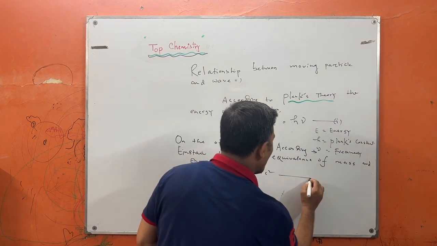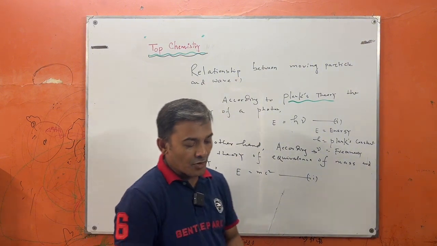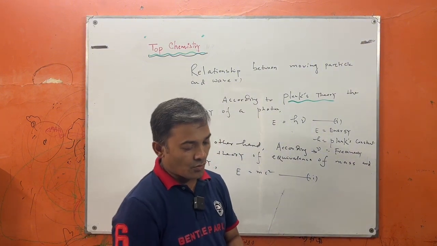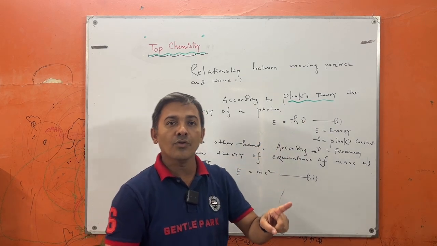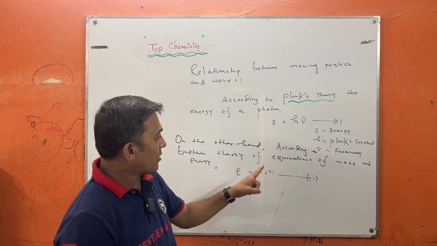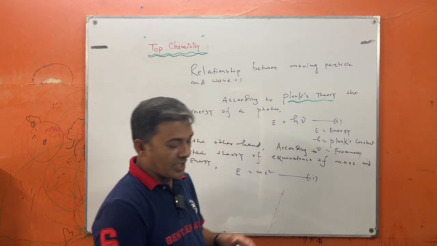This is equation number 2. We can compare equation number 1 and equation number 2. Again, according to Einstein, E equal to mc square.